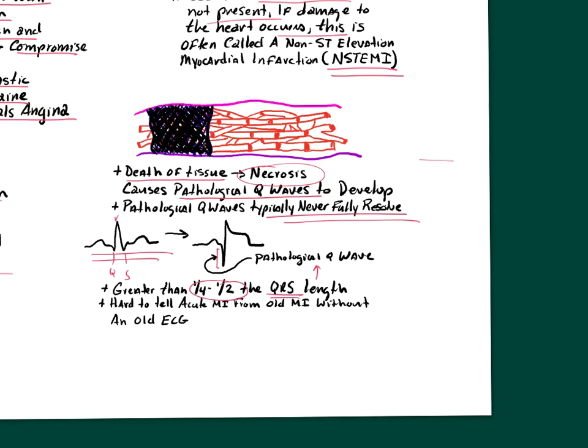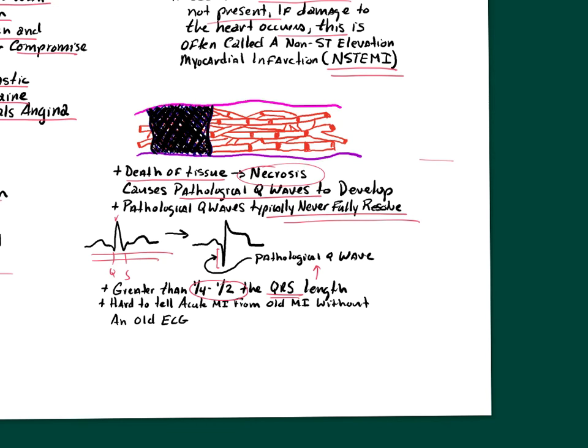So when you look at an ECG, it's going to be very hard to tell whether those Q waves are acute or due to an old problem. Does that make sense? ST depression and ST elevation are more acute findings, because once the myocardial infarction blockage is opened up, perfusion is resumed to the heart, and the injury stops, the ST segments will return to baseline, whereas whatever tissue dies as a result of that STEMI stays dead and the Q waves will remain.